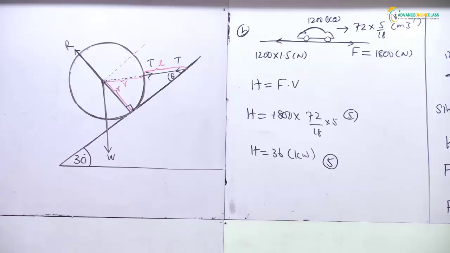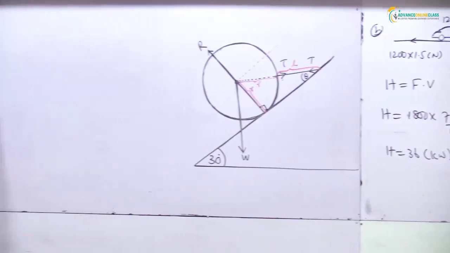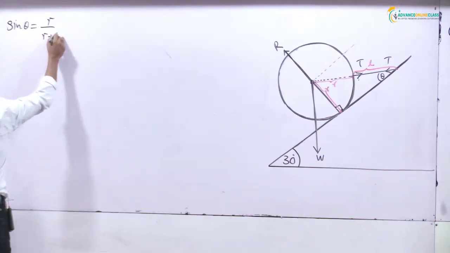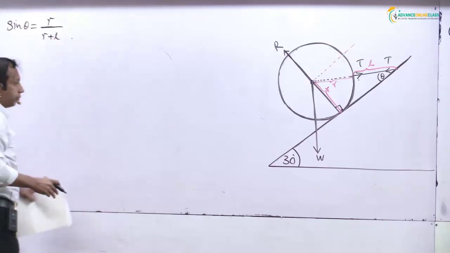Sin theta is of the side R, hypotenuse R plus L.